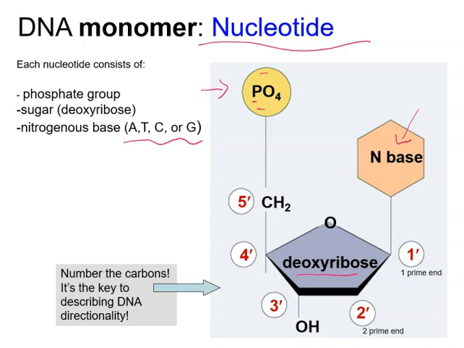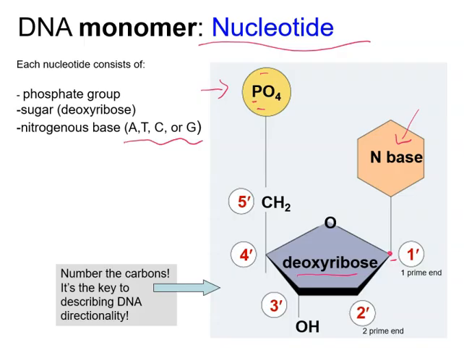So now what we want to do is make sure we remember why we numbered the carbons. We'll learn that in the biochemistry unit, but let's go ahead and revisit this. Notice your sugar, which is pentose, has 5 carbons, and we need to be able to count those carbons in order to understand the directionality of the DNA molecule. So your base, notice, will always be attached to the 1' end.